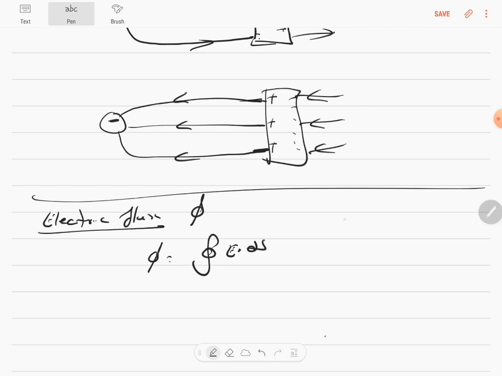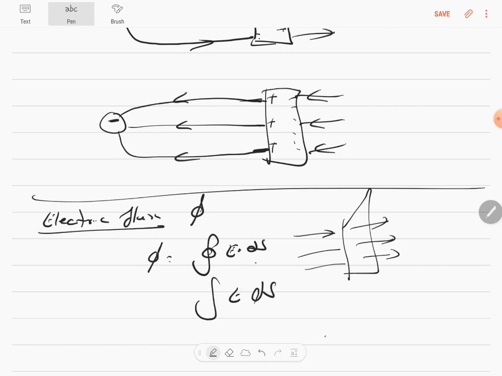Supposing there is a unit area like this, the number of field lines passing through this unit area is also known as flux. But the actual definition is the surface integral of an electric field over a closed surface. You have to memorize this. Simply, the number of lines of force passing through unit area of the surface is known as flux.